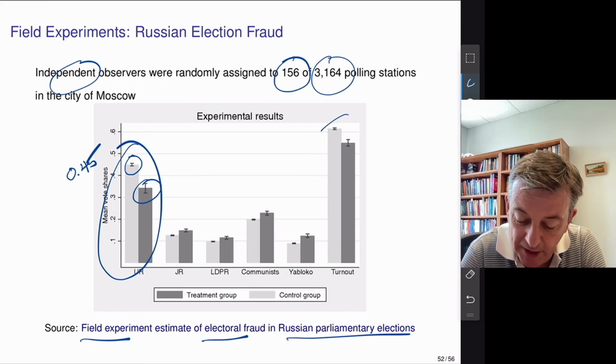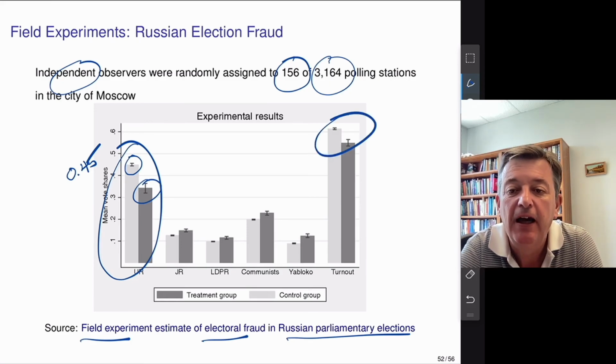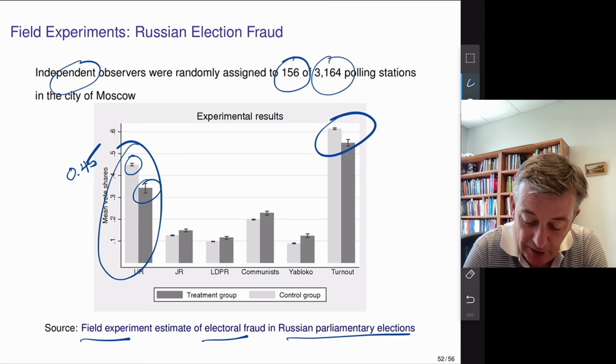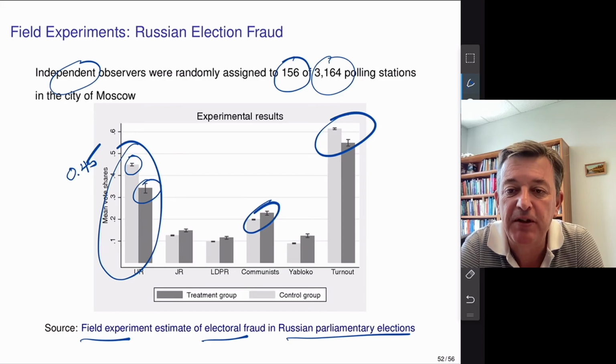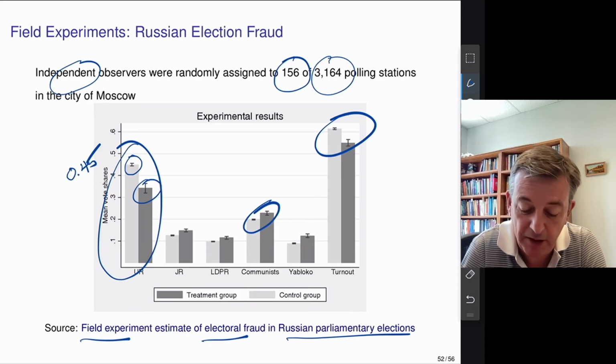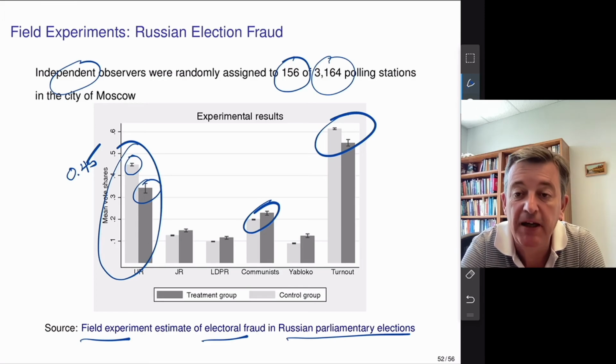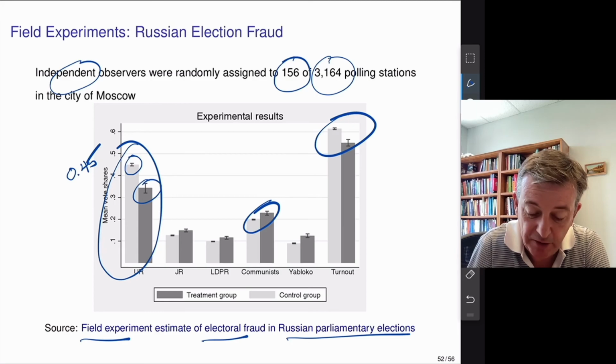Well, one part of the excess came from the turnout, and so that was people suspecting that more ballots were stuffed into boxes. And the other rather interesting fact is that it seems as if some of the votes were taken away from the Communist Party. So again, just looking at difference in means from a treatment group and a control group, and just looking at confidence intervals.